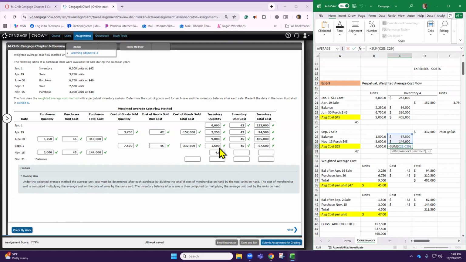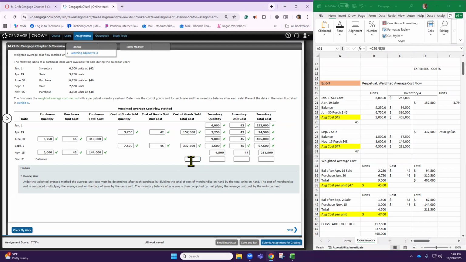So if you take the total here and the total here and put its result, okay, so 211,500, and then you're going to divide that number by 4,500 units. So the average cost ends up being $47.